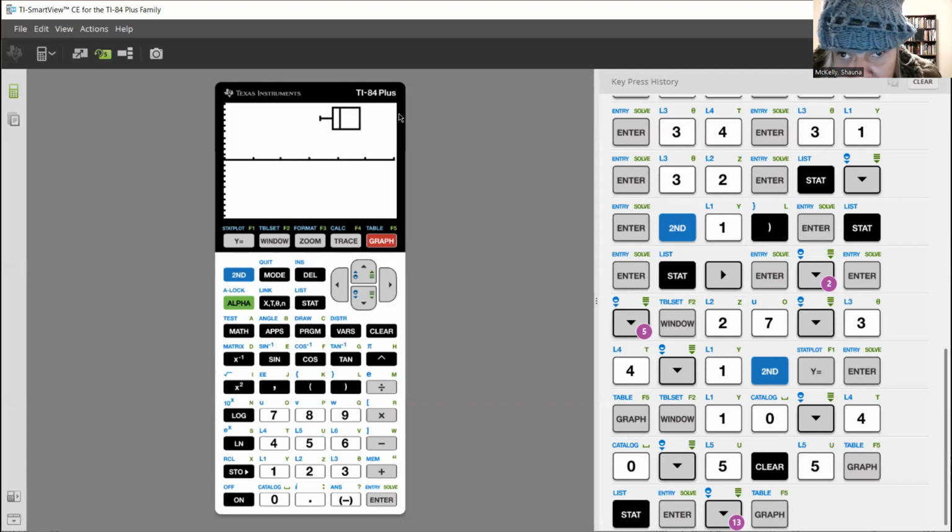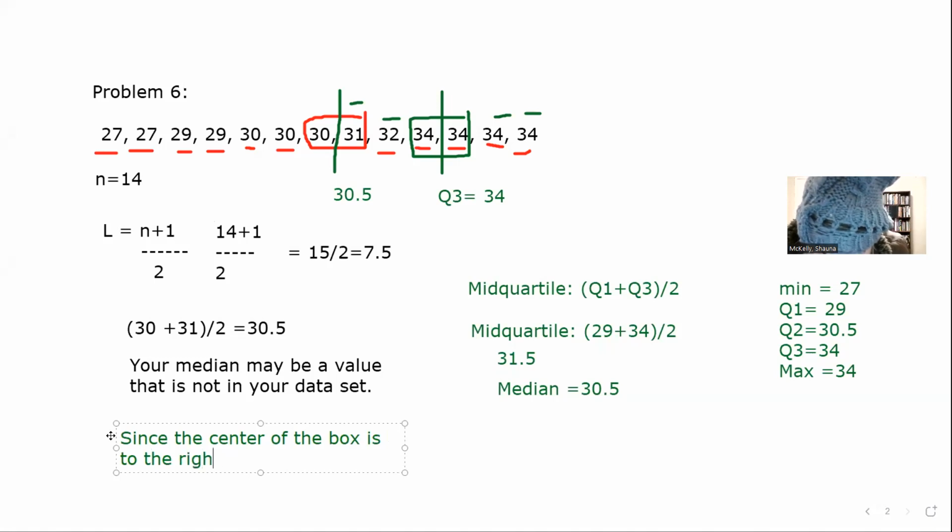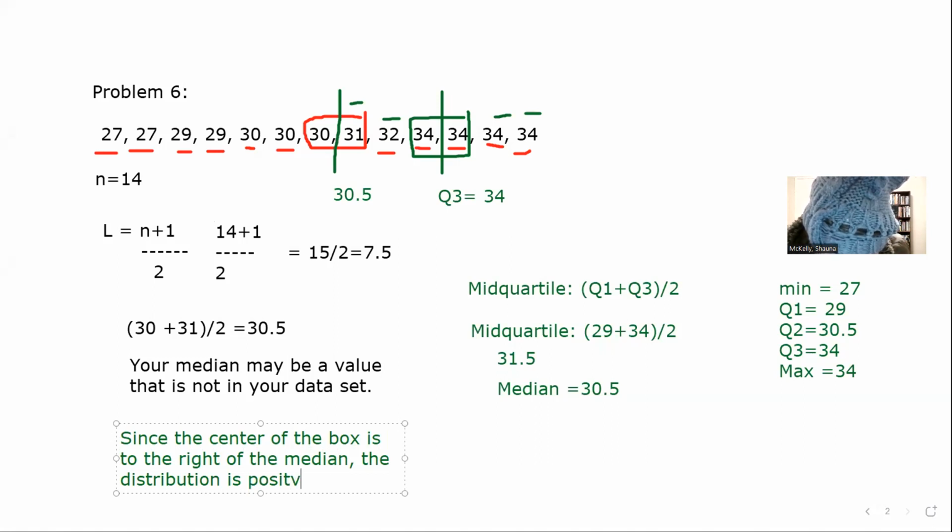So what we would say after we draw our box plot is that, since the center of the box is to the right of the median, the distribution is positively skewed.